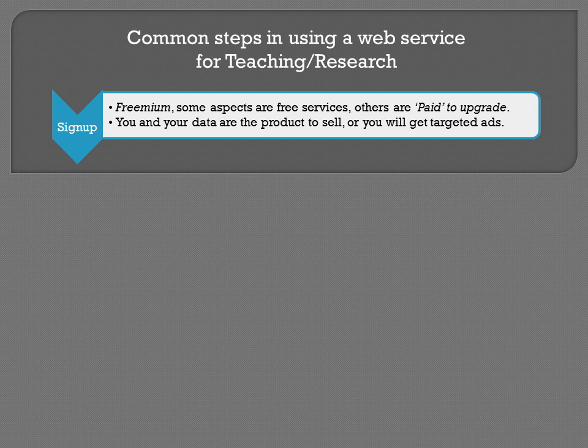It's important to understand that if you're using a free service, then it's actually you that's the product. You and your data are the product that they're selling. So you will be getting targeted ads, or you might be clicking yes in the end user license agreement and agreeing to basically aggregate your data and sell that as a resource.